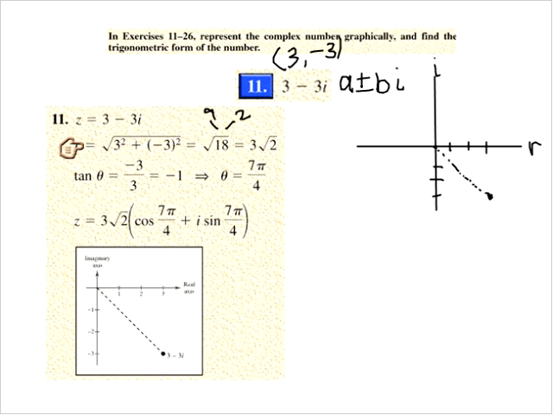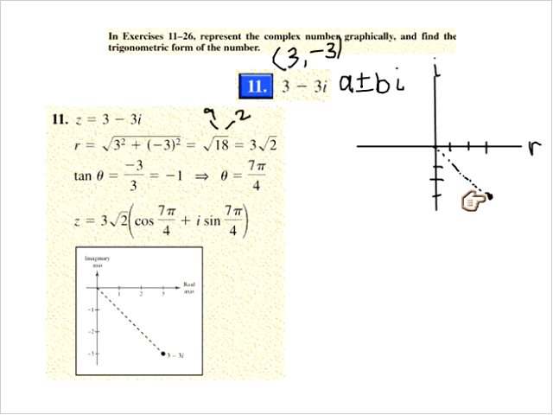And then to find theta, we're going to treat it kind of like a right triangle here. We're going to take tangent of theta equals b over a. So in this case, negative 3 over 3, which obviously equals negative 1. Now, you have to look to see what quadrant you're working in.